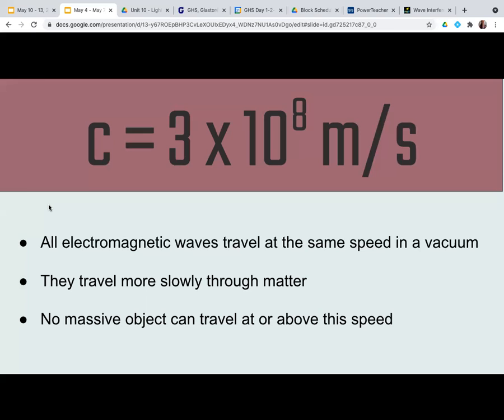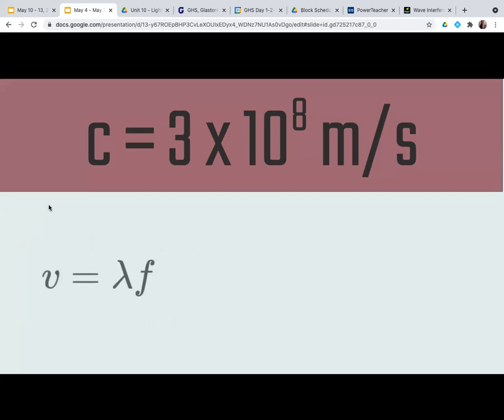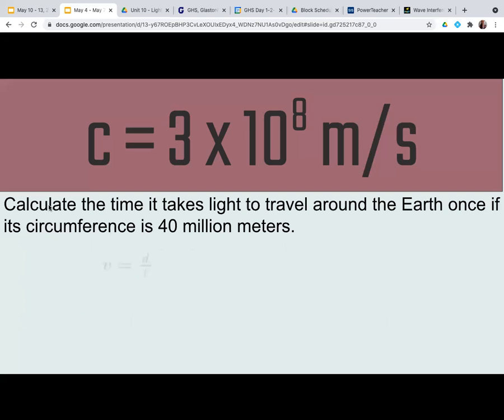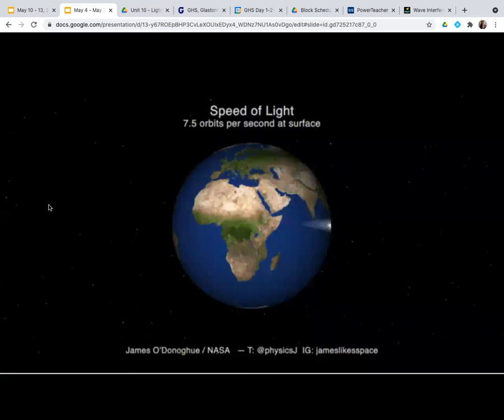Right? So my husband is in Afghanistan right now, and when I want to talk to him, I'm going to skip this slide for a sec. Light takes about a fraction of a second to get all the way across the whole planet. Actually, if this were to scale, it would take light about 0.13 seconds to go all around the whole circumference of the Earth once.